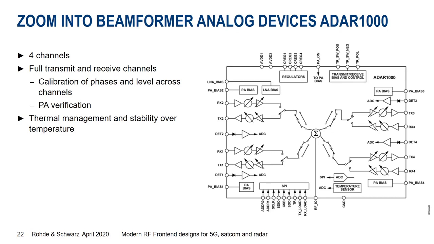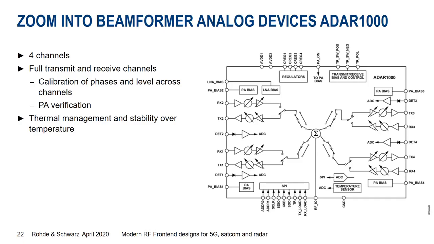This is typically done with highly integrated beamformer ICs, as they are called. Here is an example of a beamformer which is made for a radar application in the X-band. It looks very similar also for 5G in the millimeter wave range.